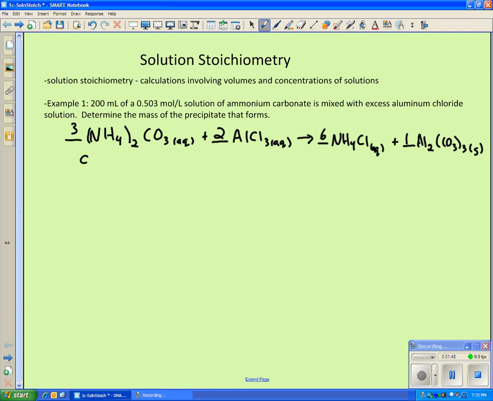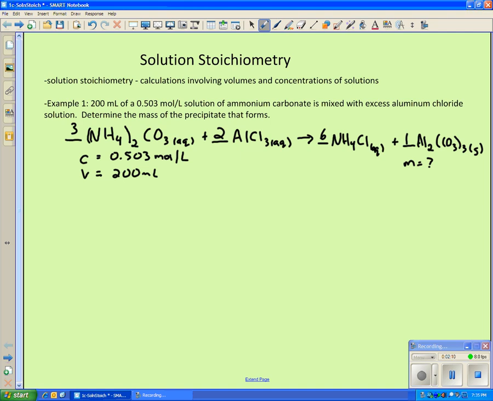We know the concentration and volume of the ammonium carbonate solution, so let's write those down. And we know that we're finding the mass of the solid that formed on the product side.